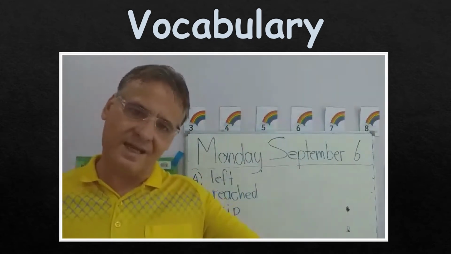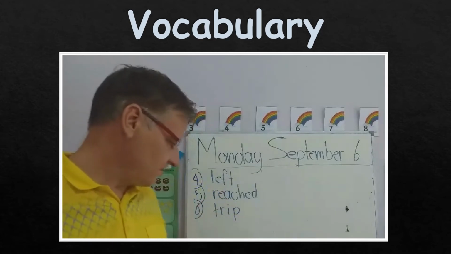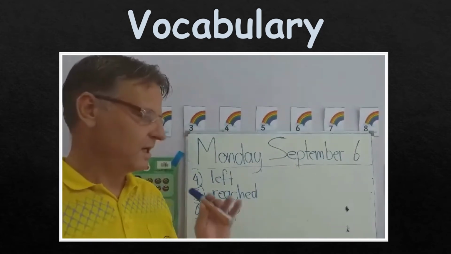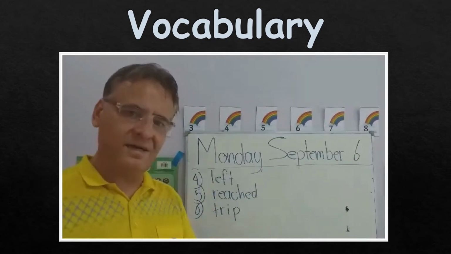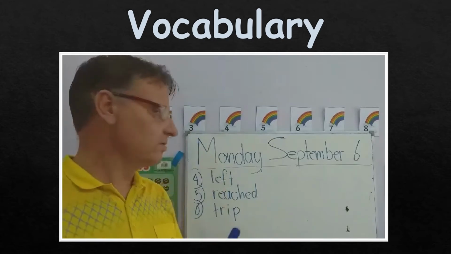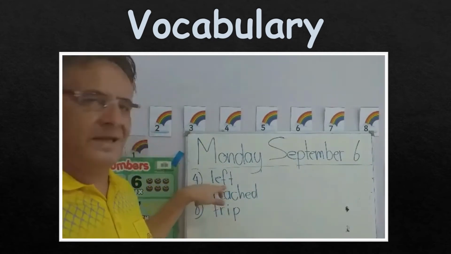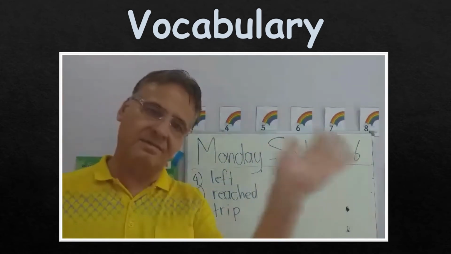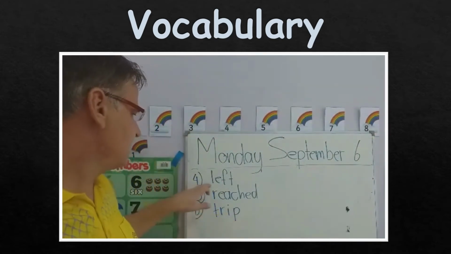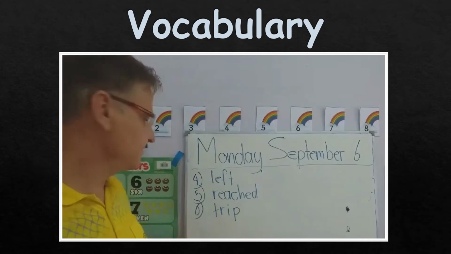But also, for example, I have 10 markers and somebody takes 9 away, then I have 1 left. So the remainder is also called left. It also means turn left. So left has more than 1 meaning.